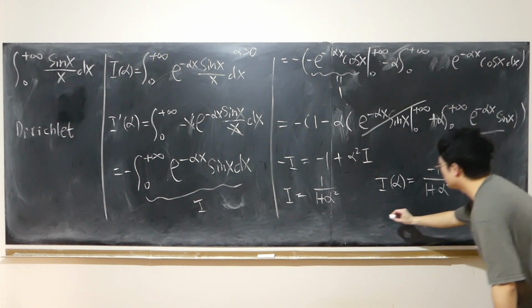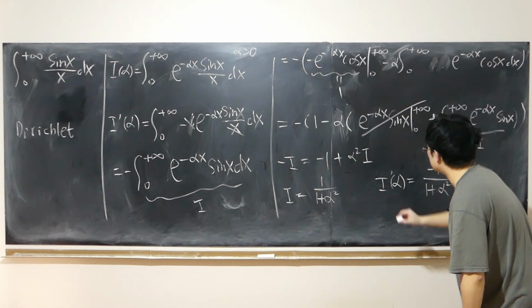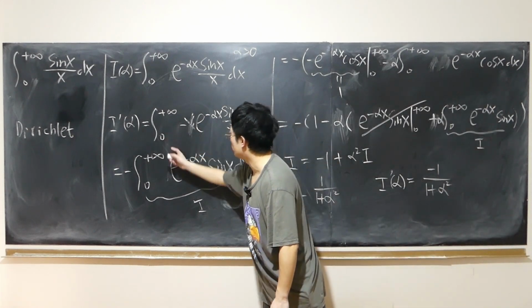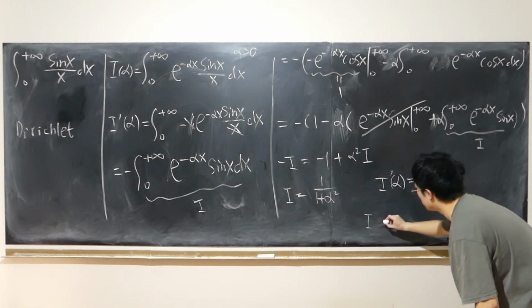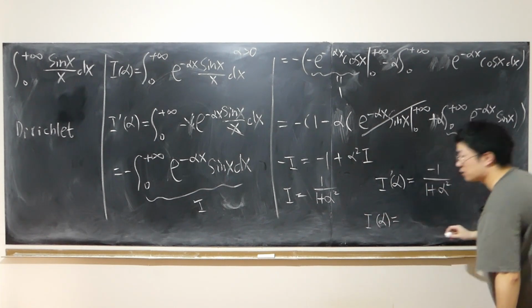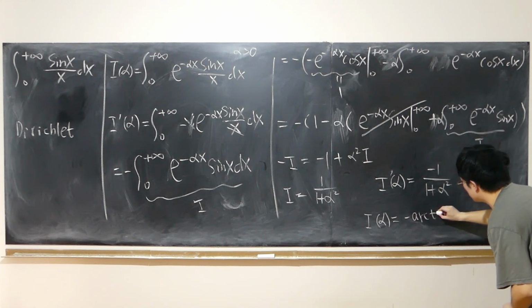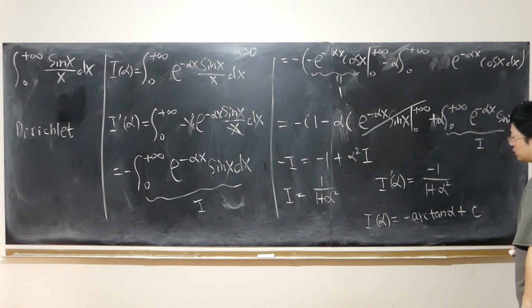Which means, no, it's I prime. I prime of alpha is equal to that, so which means I of alpha, its antiderivative, should be equal to negative arctangent of alpha plus C. We're going to determine C.